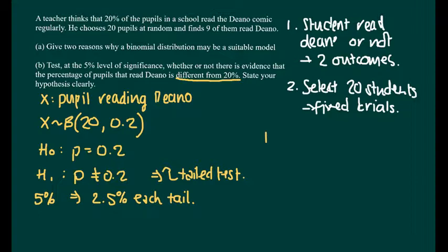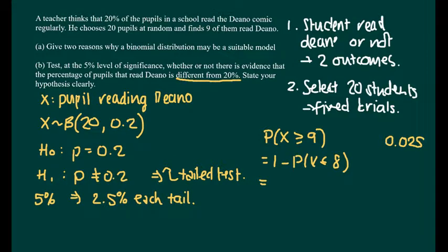So when I look for my probability, the probability that X is, and we're dealing with 9, I'm going to look at greater than or equal to 9, and I'm going to want to be testing it against 0.025. So that probability there, that's 1 minus the probability that X is less than or equal to 8.